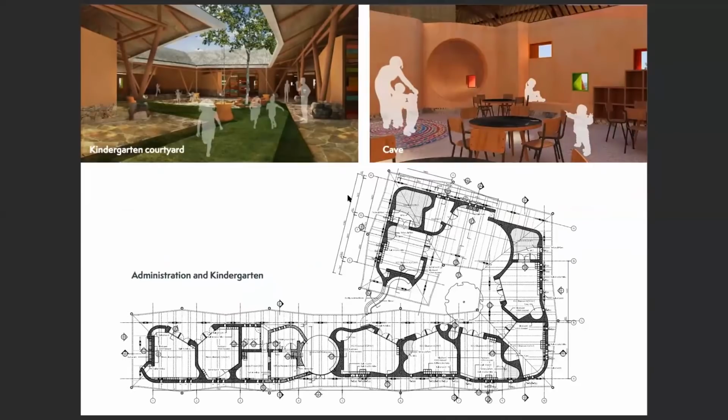Not very much about this particular building is rectangular and straight. That has nothing to do with the earthbag technology. I want to really stress that. Earthbag walls can be straight, can be curved, just like any other sort of module-based building material.